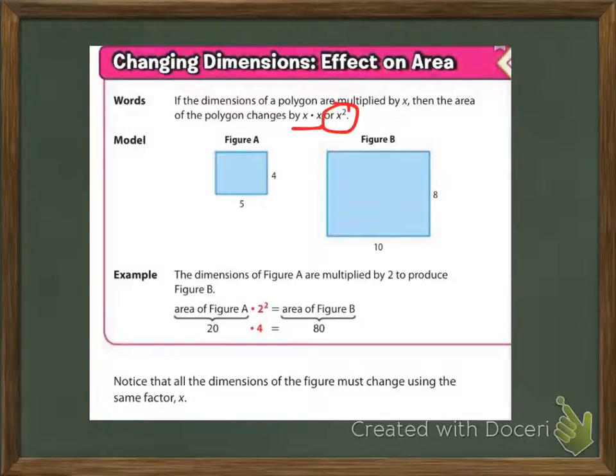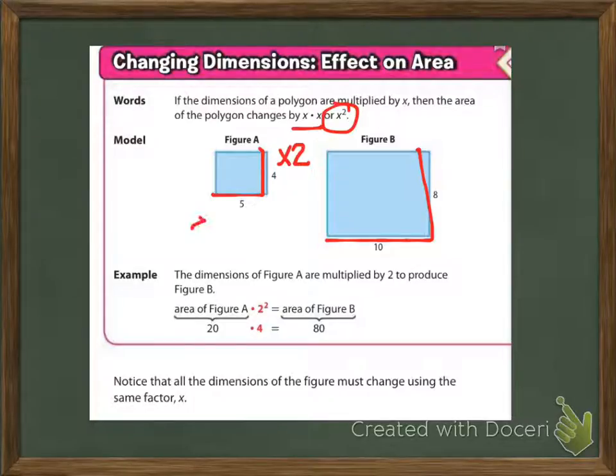X squared, okay? So notice in figure A that we started with 5 and 4. And it looks like they multiplied both sides by 2, because now we have 10 and 8. Now, like with our perimeter, this doesn't mean that we're just going to multiply our area times 2.